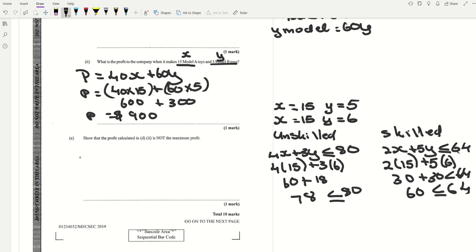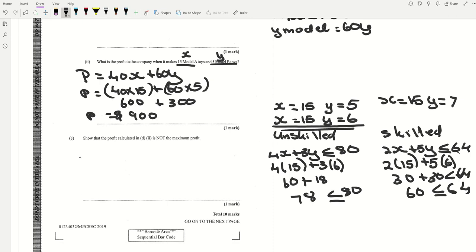Now if we were to add anything else, say x equals 15 and y equals 7, you will get a value greater than 80. You could always check it on your calculator. So therefore this is the maximum number of toys that they can make.